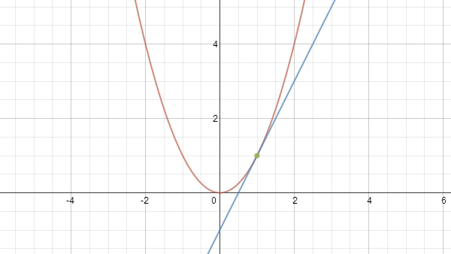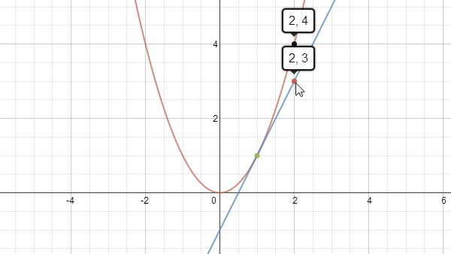Now we're going to look at an example here. Let's say that we go out to where x is equal to 2, and as you can see, my y value is 4. Now remember, this is y is equal to x squared, so 2 squared is 4.